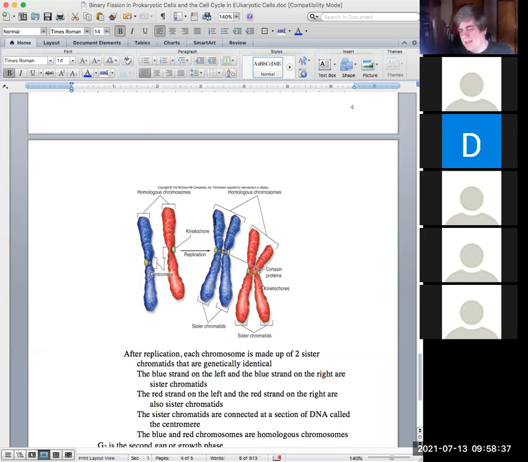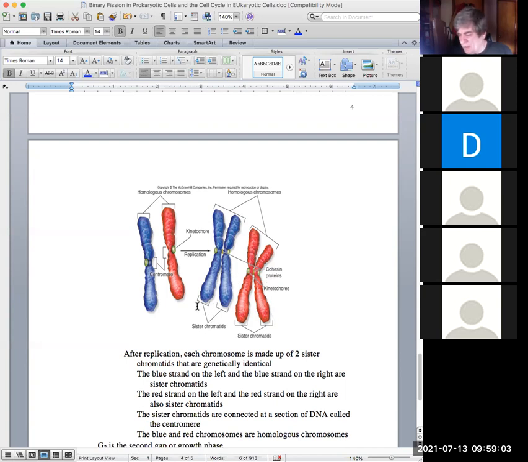The left strand is part of the original DNA, and the right strand has part of the original. The left strand has some new, the right strand has some new. But if everything was done correctly during replication, the DNA in the left strand is exactly the same as the DNA in the right strand. And that's true for both the blue chromosome and the red chromosome.